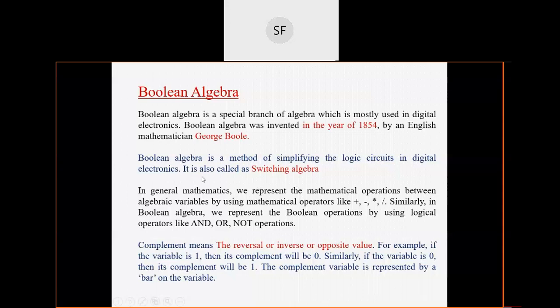Hence it is also called switching algebra, because we have seen the working of switching.